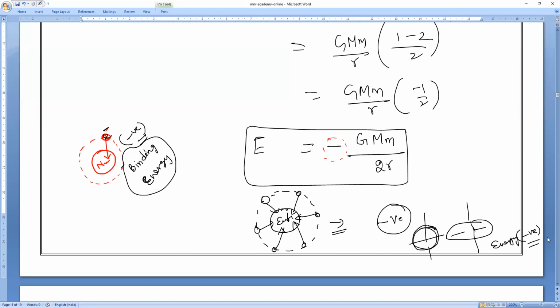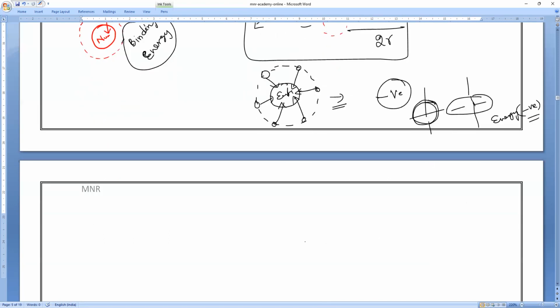Energy is negative because it is binded. Like the electrons revolve around the nucleus, same way the satellites revolve around the earth. So the total energy, kinetic energy plus potential energy, we will always get negative, because this is also bound energy by the earth.